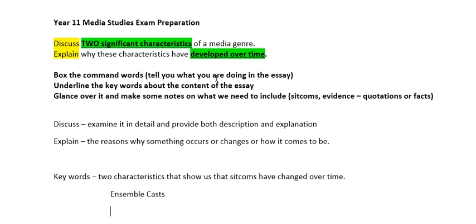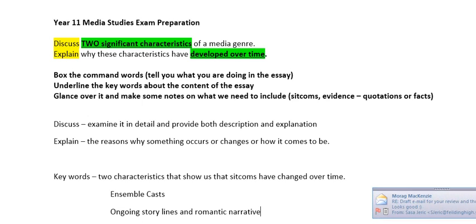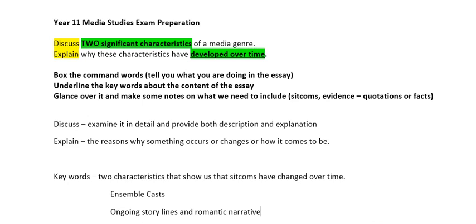And the other area that we can see it is the ongoing storylines, and romantic narrative even. If we look at the romantic narrative between Sam Malone and Rebecca Howe, as we mentioned in class, in today's terms, those things could almost be categorized as sexual harassment.